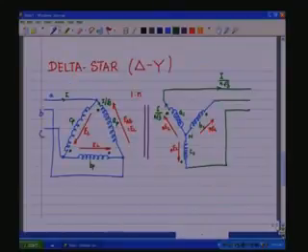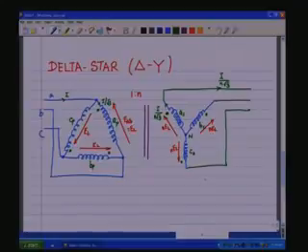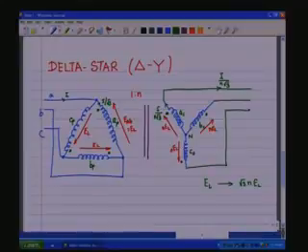In the case of star delta, on the primary side, if you are applying a voltage of EL, then on the secondary side what do you get? EL becomes N EL phase voltage into root 3. So, root 3 N EL on the secondary side. Then this is primary, secondary.